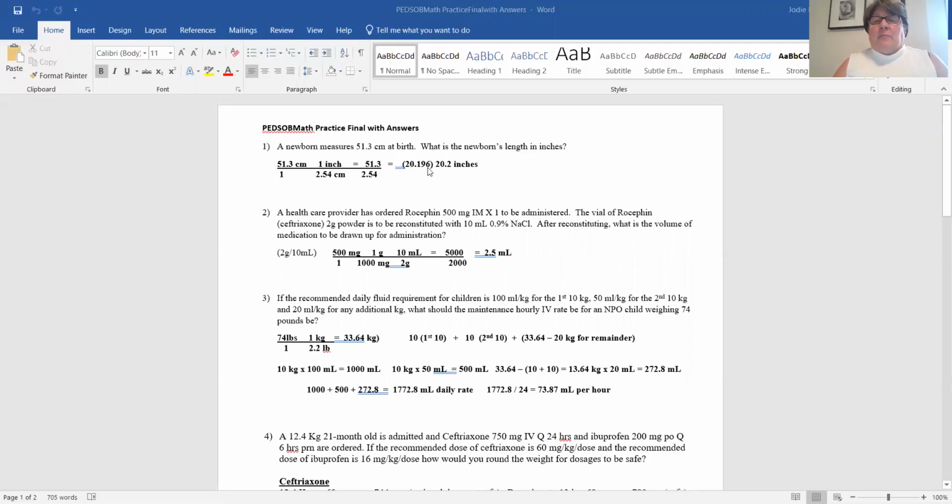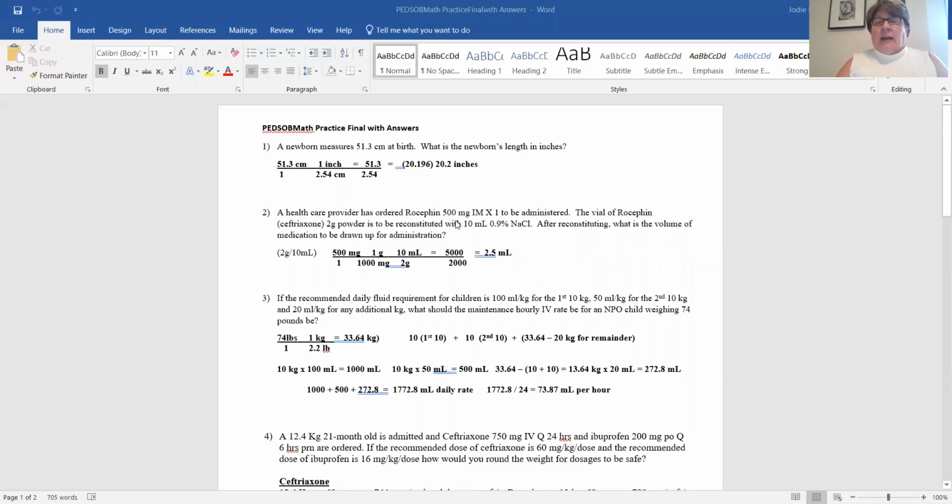This would round back to a 0, and then this would round to a 2. So you would not have a number here in the 100th position. That's just the way it would be on that one.